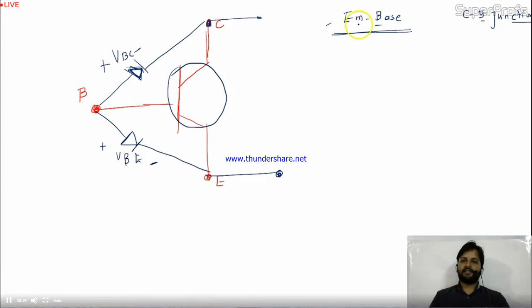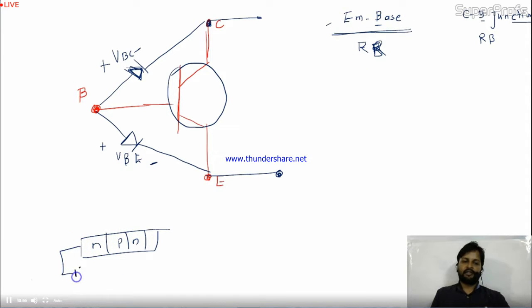If you bias this circuit, let me start from reverse bias for both. If both the emitter-base and collector-base junctions are in reverse bias, what will happen? There will be no current in the circuit, if this is an NPN transistor.